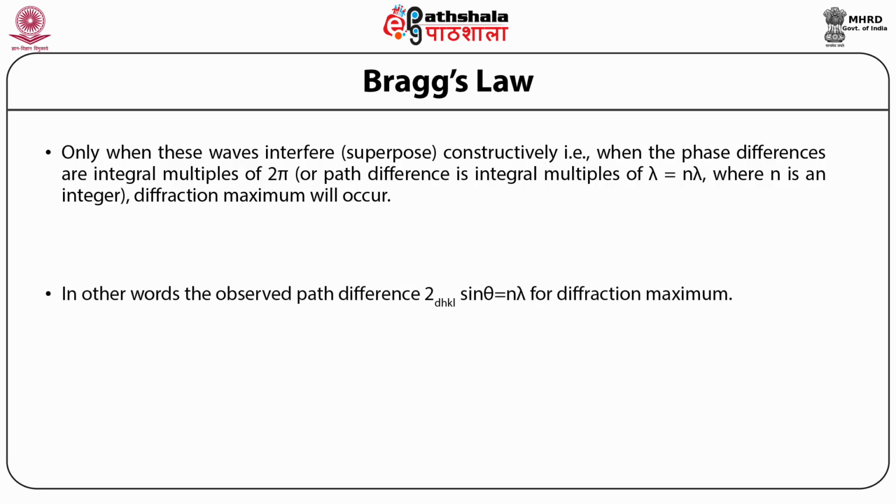In other words, now we have obtained the condition for diffraction maxima as 2 d_HKL sin theta equal to n lambda. This is your famous Bragg's law, for which the Nobel Prize has been shared between the father Henry Bragg and the son Lawrence Bragg.